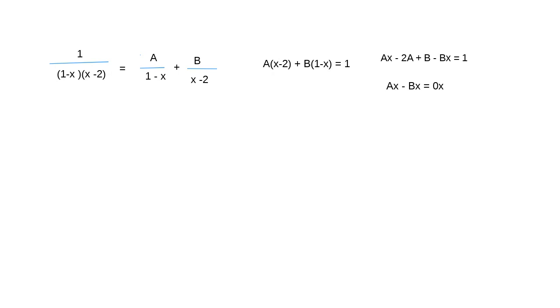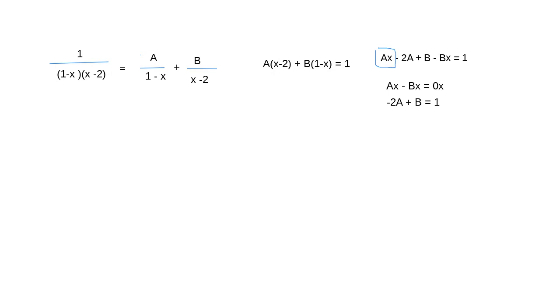And for the constant term, we have negative 2A plus B equals 1. So out of this one, we get two equations.